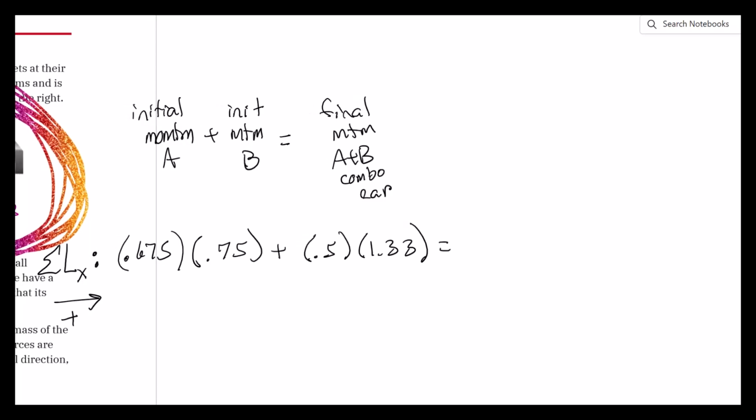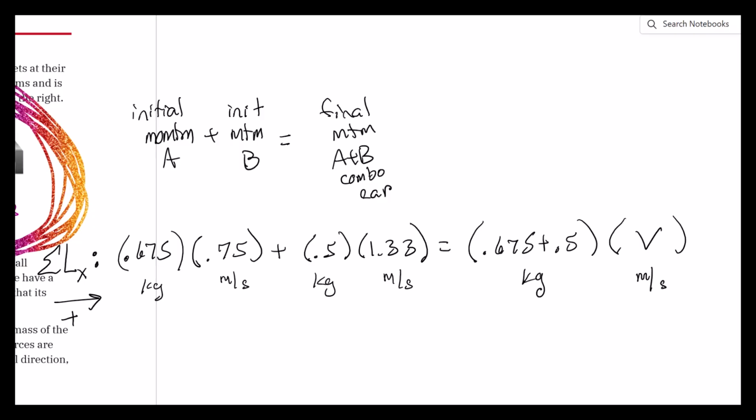So this is kg meters per second. The final combo has a mass of the two of them together, and then I don't know what the velocity is.